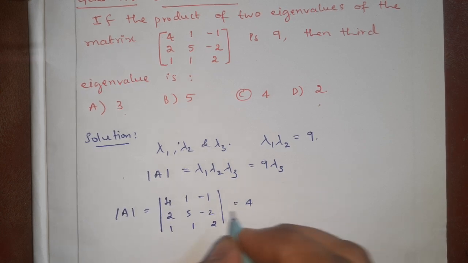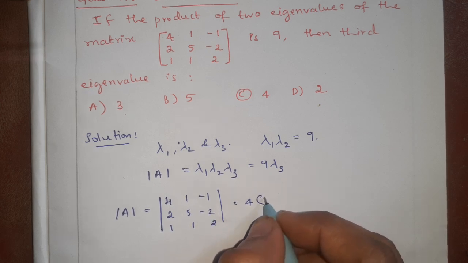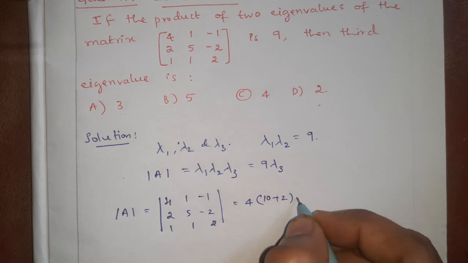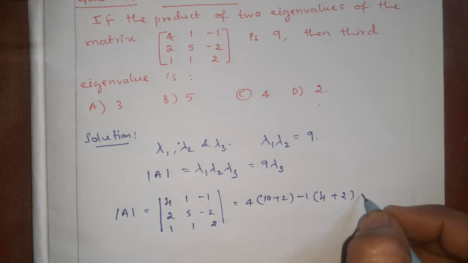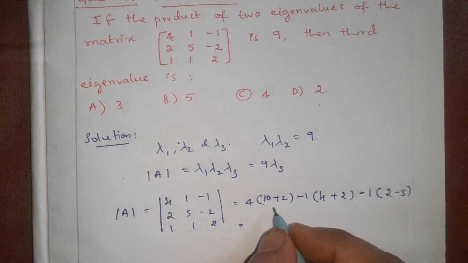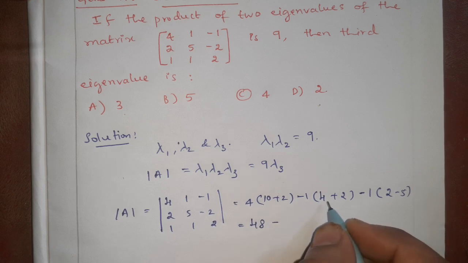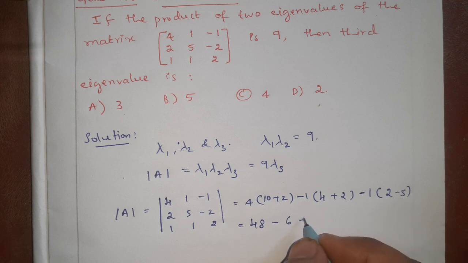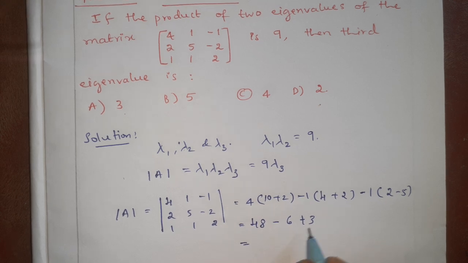So the determinant will be 4 into (10 minus minus 2), that is 10 plus 2, so 4 into 12, minus 1 into (4 plus 2), that is 6, with the sign minus plus, so minus 6, and then plus 1 into (2 minus 5), that is minus 3, so plus 3. So 48 minus 6 is 42, plus 3 is 45.